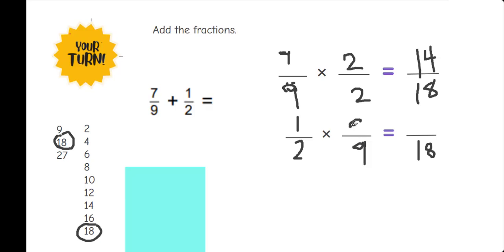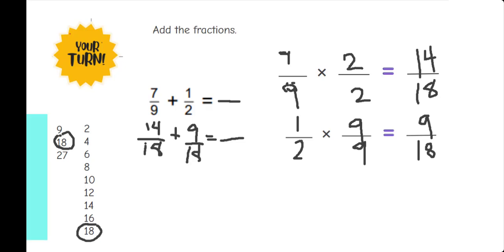And 9 times 1 is 9. So now I have my two numbers that I'm going to add. My denominators are the same. 14/18 plus 9/18 is 23 over 18. Therefore, since these are equivalent fractions, 7/9 plus 1/2 is 23 over 18.